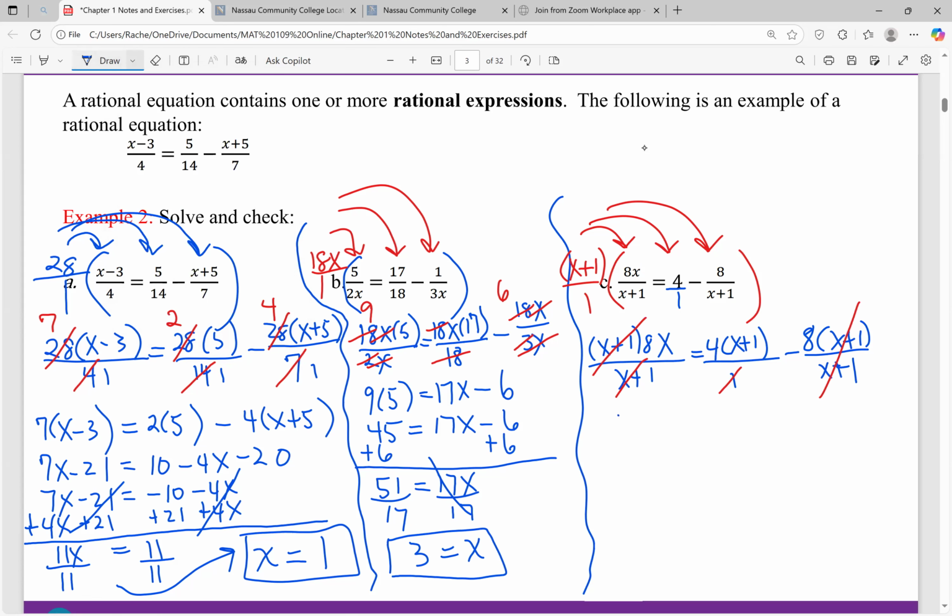So on the left, we have 8x is equal to 4 times x plus 1, and then minus 8. Now we can distribute the 4. We get 8x equals 4x plus 4 minus 8. If I combine like terms on the right, we have 8x equals 4x, 4 minus 8 is minus 4.